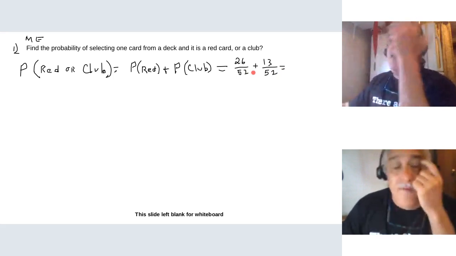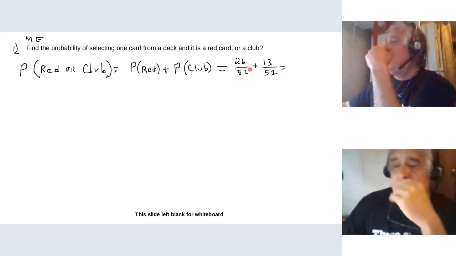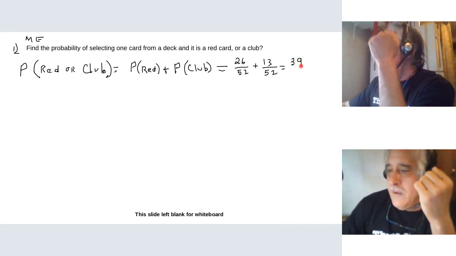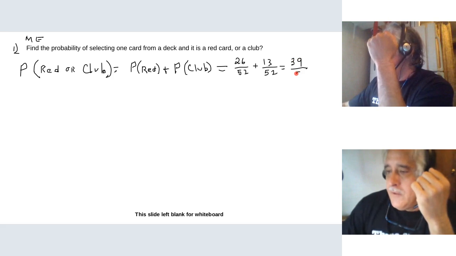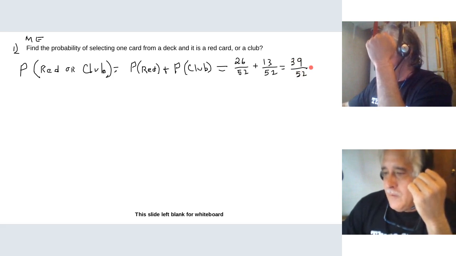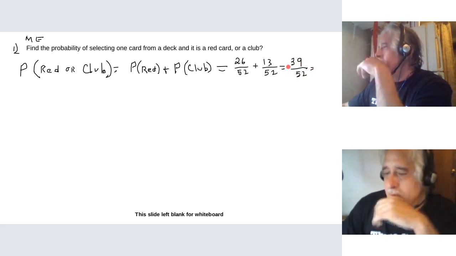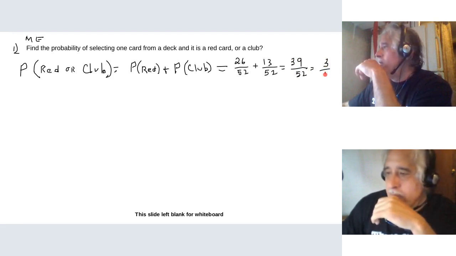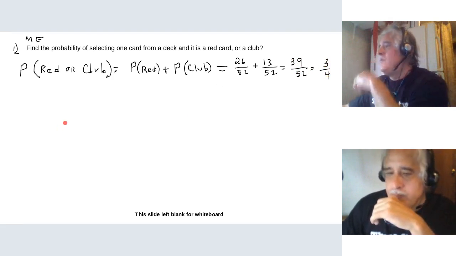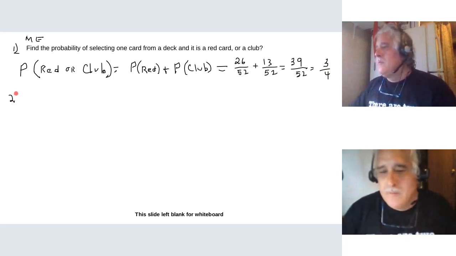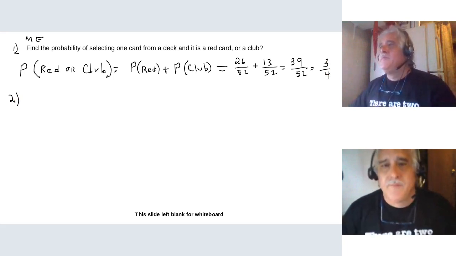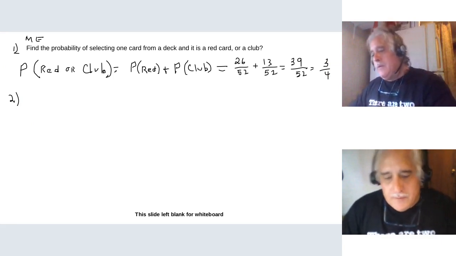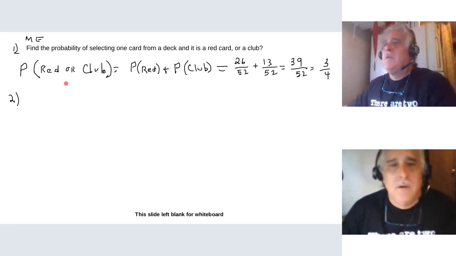Then you have to go backwards to find your denominator. So this is going to be 39 over 52, which, if you divide 13 into both, you get 3 over 4. Okay? Questions about that? All right, let's go back to the die.